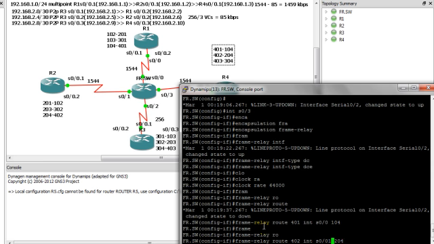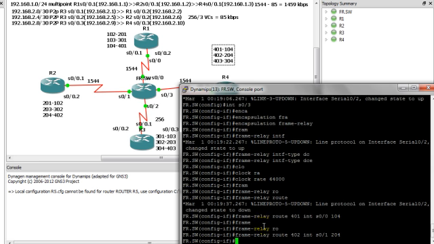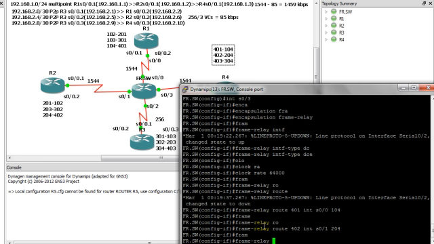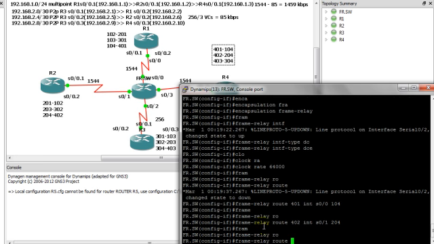Sorry. Frame relay route 403, the last one. We are going to be happy now. Serial 0/2, which contacts with router 3, with 304.